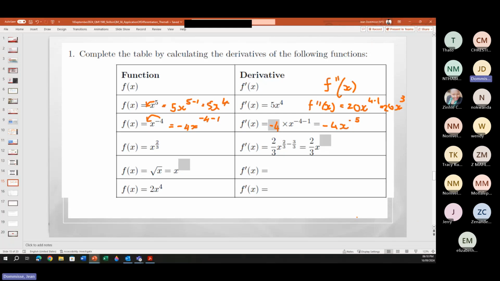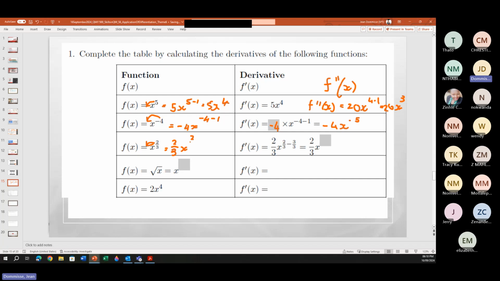Then another one that is very important to look at is when it is a fraction. Again, the same process. Fraction to the front, so nothing changes.